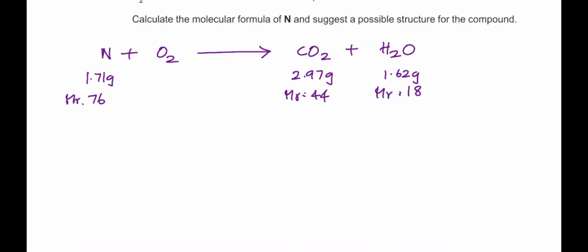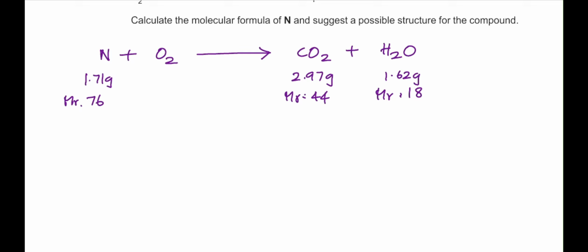So the strategy for this question is, using the mass as well as the MR, we will find the number of moles, and using that we will balance this equation, and from the balanced stoichiometric equation we can find out the proportion of carbon, hydrogen and oxygen in the compound. So let's start by writing N, CO2 and H2O in 3 columns.